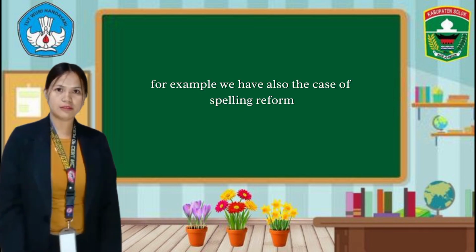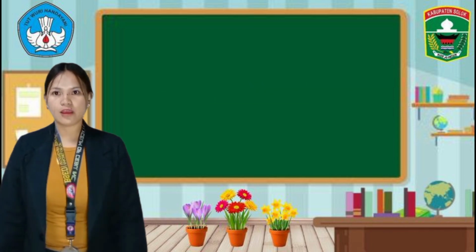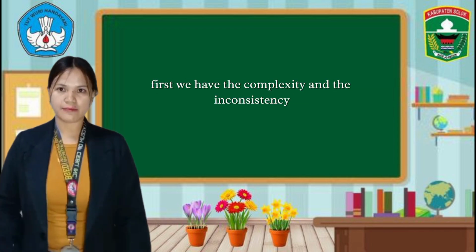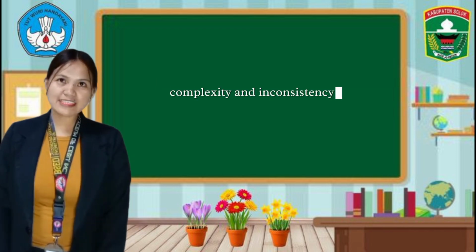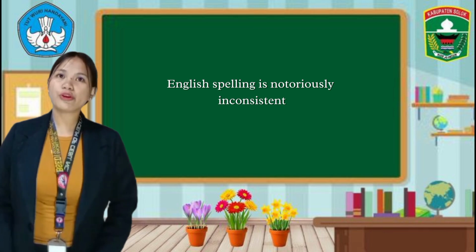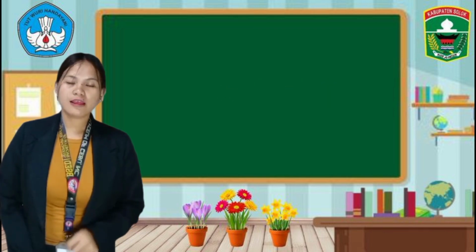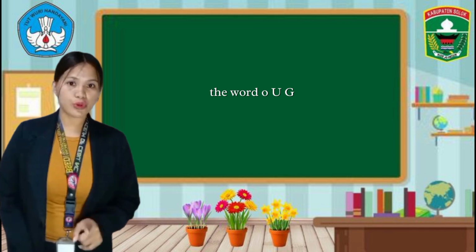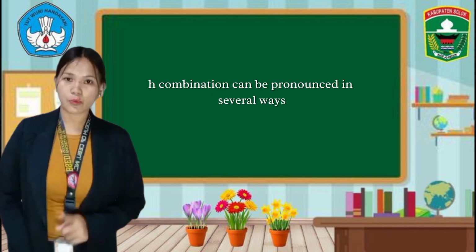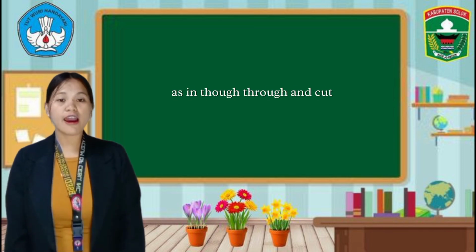For example, we have also the case for spelling reform. First, we have complexity and inconsistency. English spelling is notoriously inconsistent. For example, the O-U-G-H combination can be pronounced in several ways, as in though, through, and cuff.